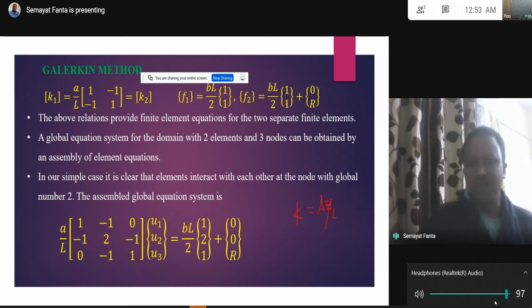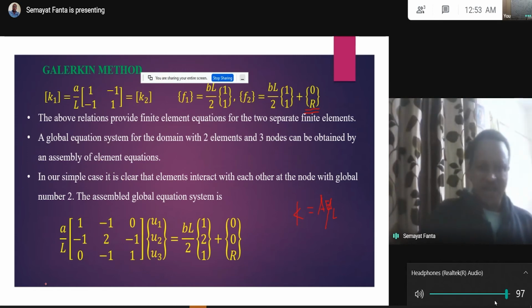F2 is bL over 2 times 1, 1 plus the concentrated load applied at the end. It is 0 at the fixed position, and it is R at the free end.